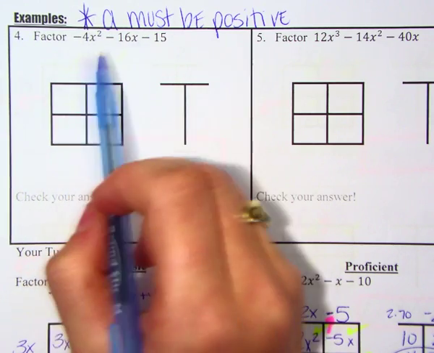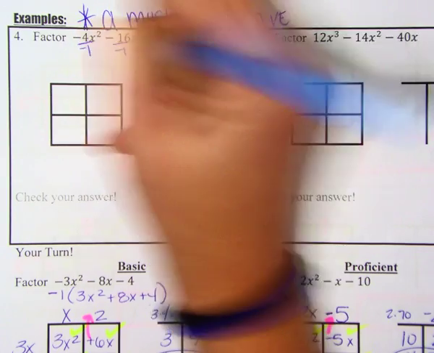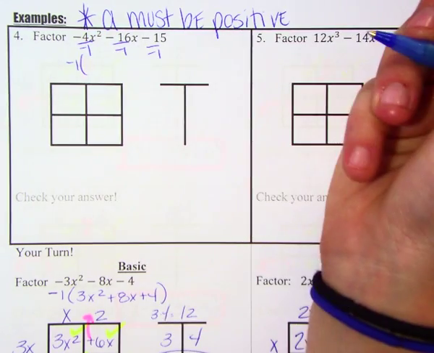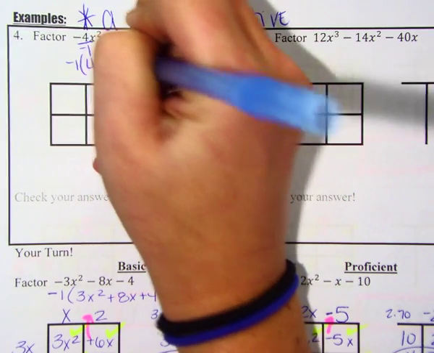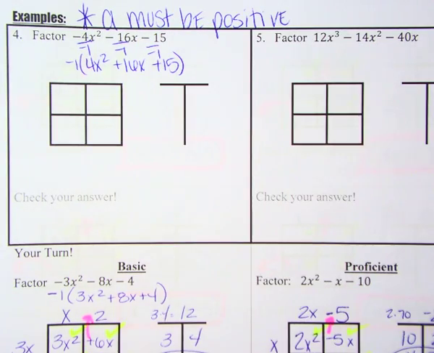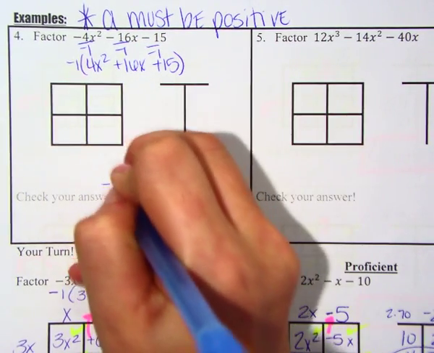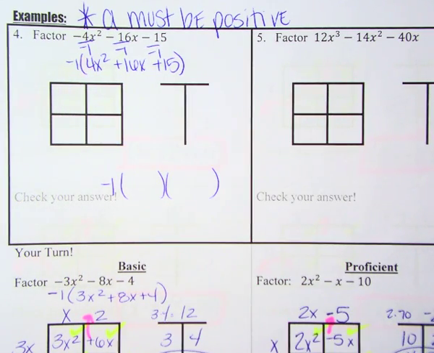We can't factor it when it's like that. So we first need to divide every term by negative 1 so that we can factor that out. And we're left with 4x squared plus 16x plus 15. Now I'm going to factor the trinomial, but I know that my answer will be negative 1 times a binomial times a binomial.